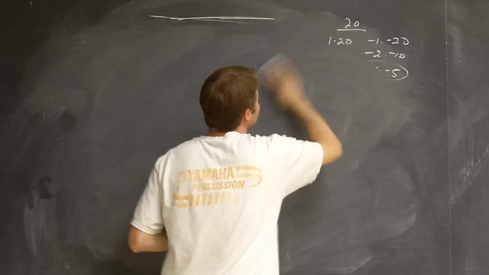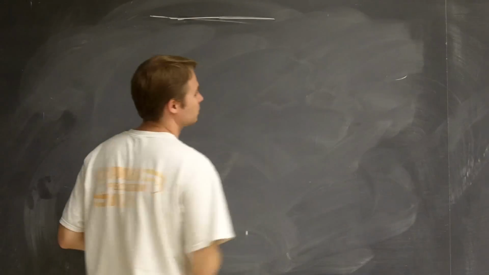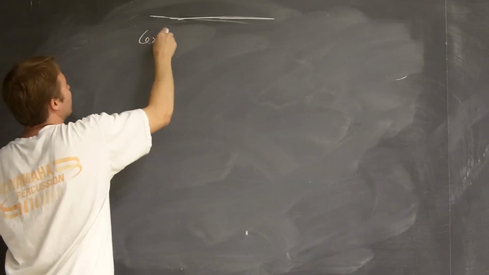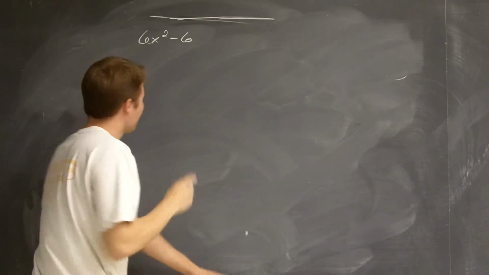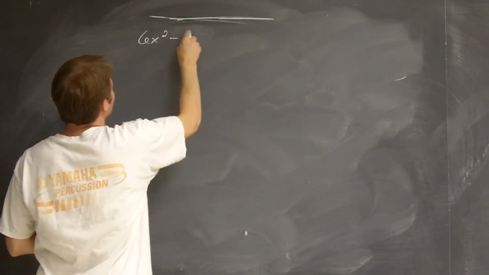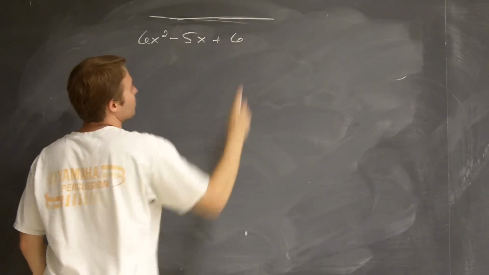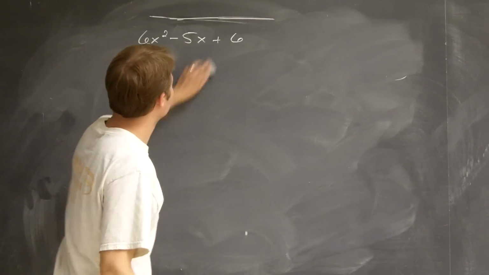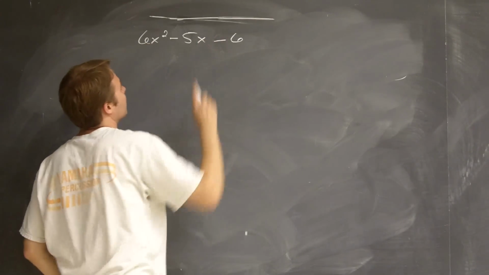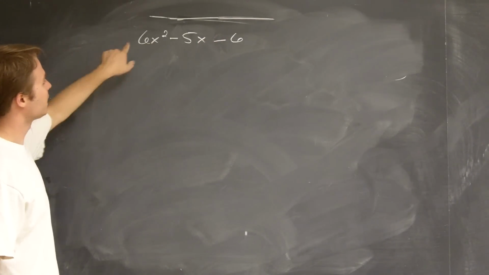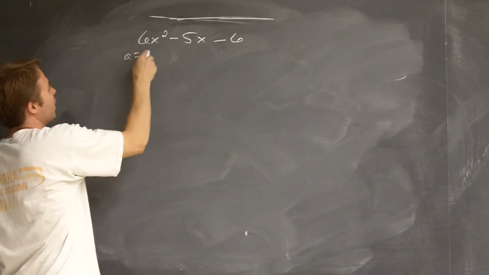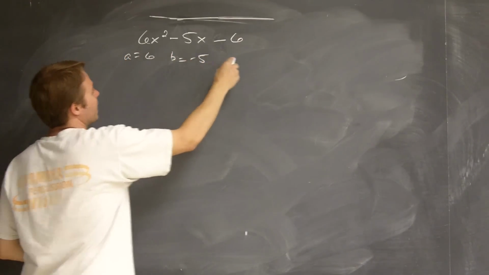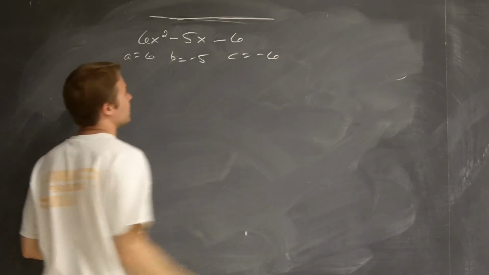So let's try one more. 6x squared minus 5x plus 6. Oh, sorry, minus 6 is what we have in the notes. So again, a is 6, b is negative 5, and c is negative 6.